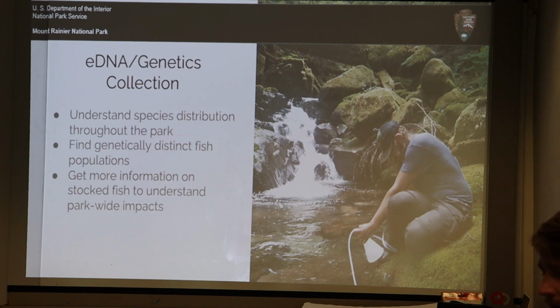That was a large effort of looking at the different lake systems and stream systems. And then we have also just completed two genetics efforts. One was looking at the Ohanapekosh drainage, and we were looking at all the different stocks of fish species within that, the different cutthroat species and different rainbow trout species, and trying to understand if they're hybridizing at all.